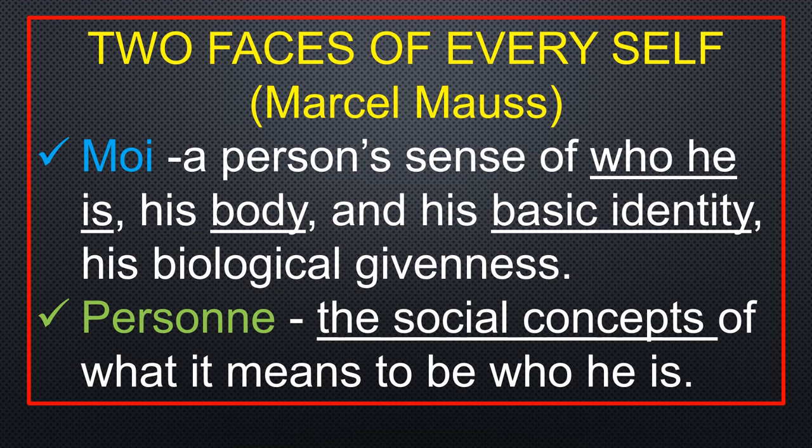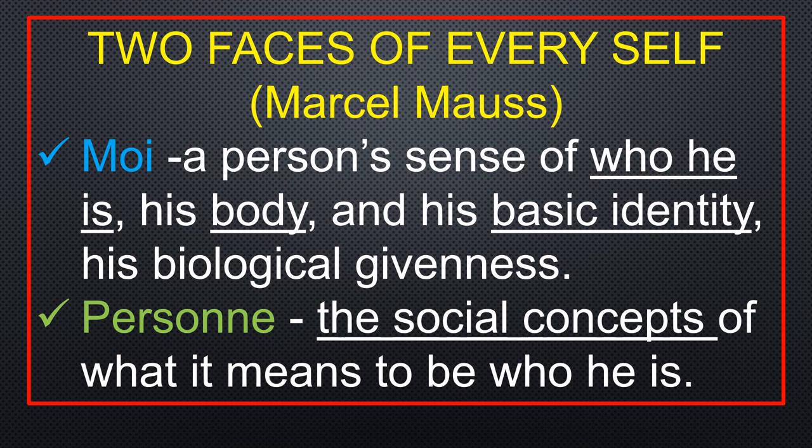Okay, so according to Marcel Mauss, there are two faces of every self. In other words, ikaw bilang isang tao, may nagre-representa sa'yo or may pagkakakilanlan sa'yo. The first thing that people can distinguish you or can identify you could be your moi. What is that moi? That is your person's sense of who he is. Just like, say for example, I am a teacher, you are a student, or you are the kabataang barangay chairman, or the kabataang barangay secretary, or you are a father, or you are a friend to somebody else, or you are a son.